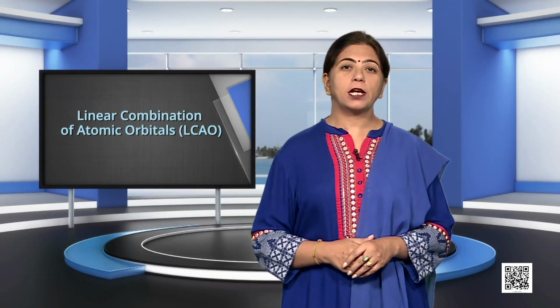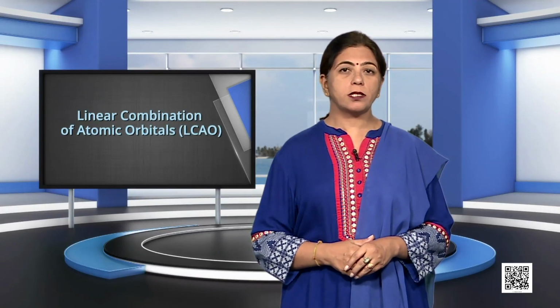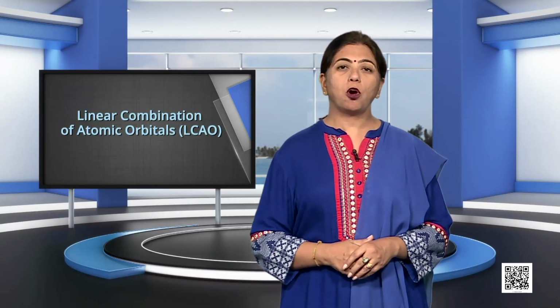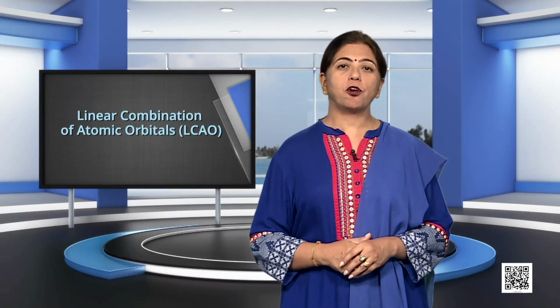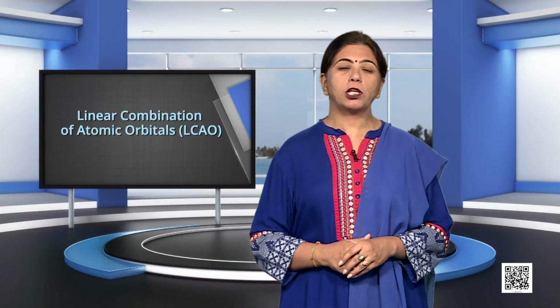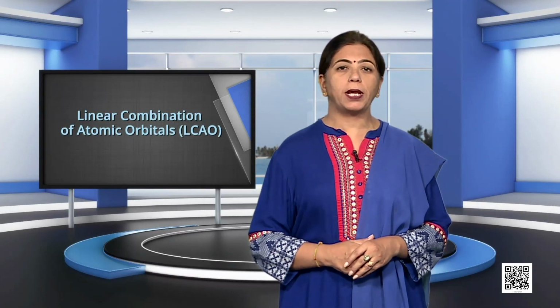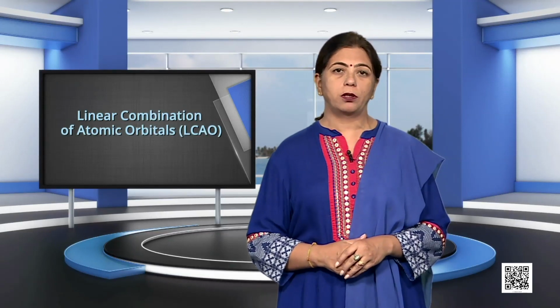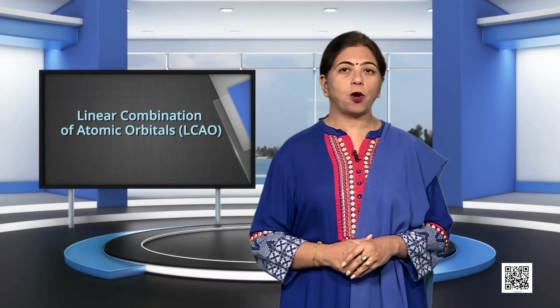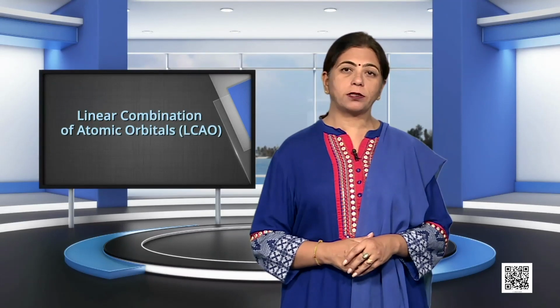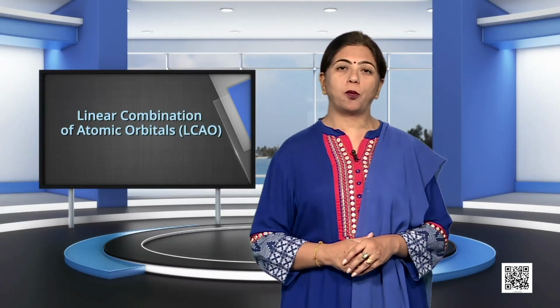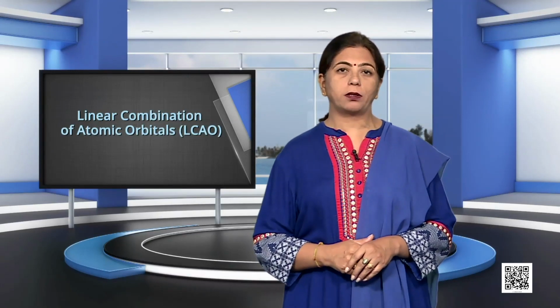However, since it cannot be solved for any system containing more than one electron, molecular orbitals, which are one electron wave functions for molecules, are difficult to obtain directly from the solution of Schrödinger wave equation. To overcome this problem, an approximate method known as linear combination of atomic orbitals has been adopted.